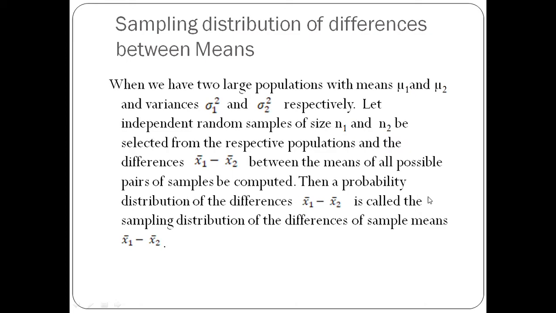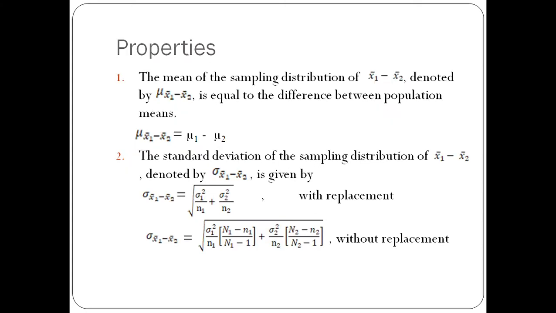Then the probability distribution of the differences which we compute is called the sampling distribution of the differences of sample means. This sampling distribution also has two properties.